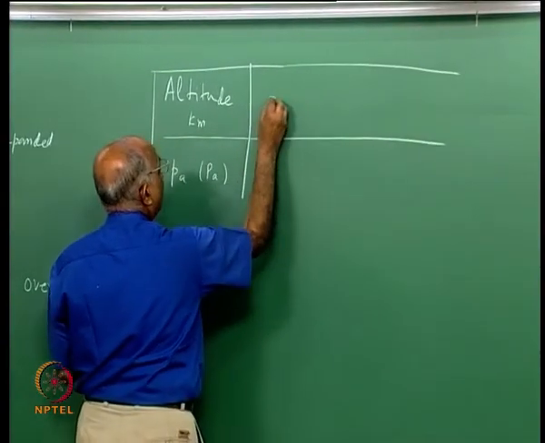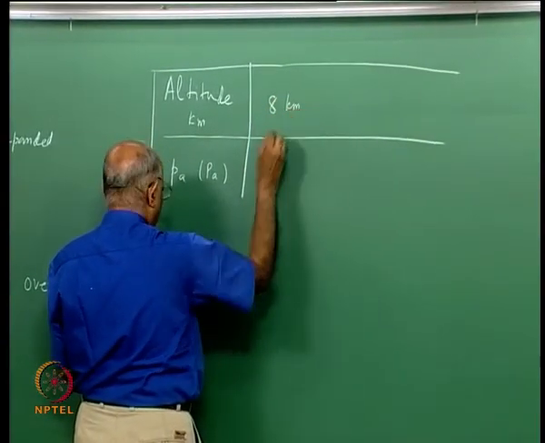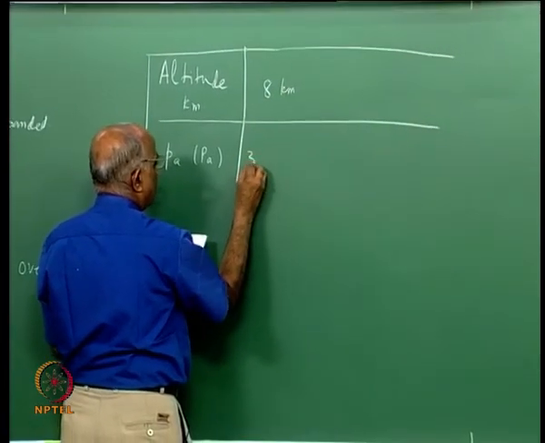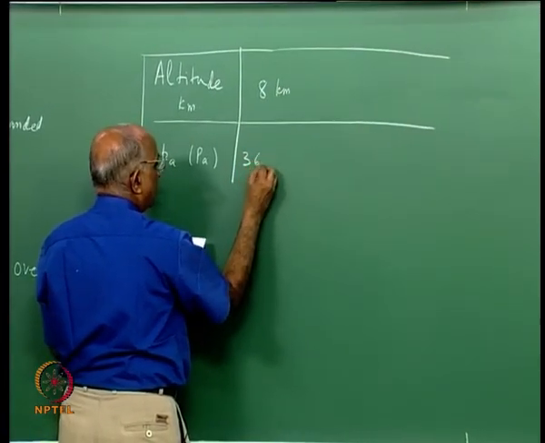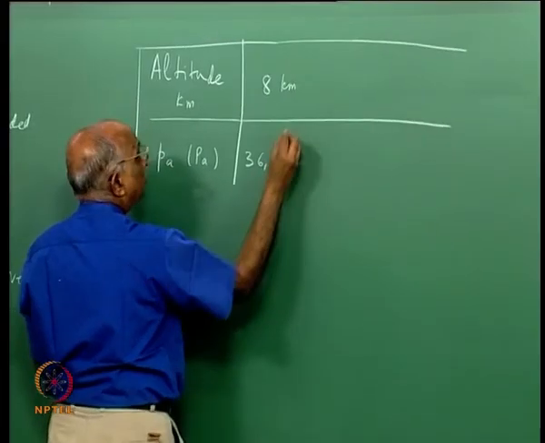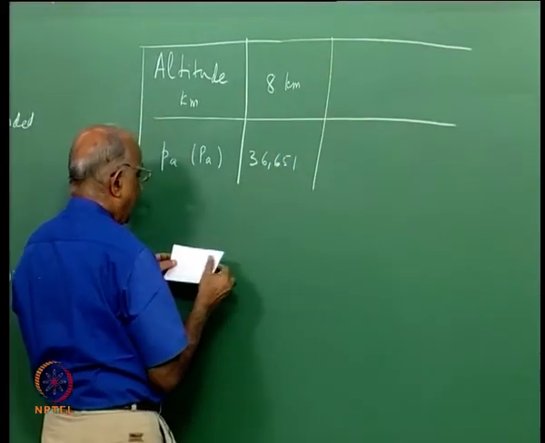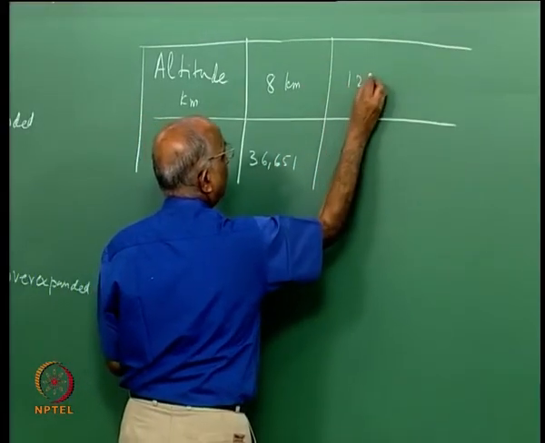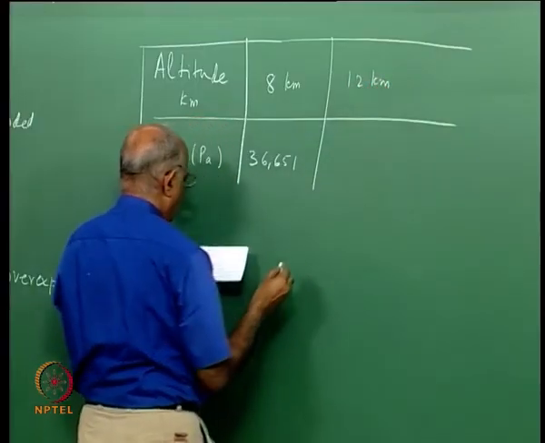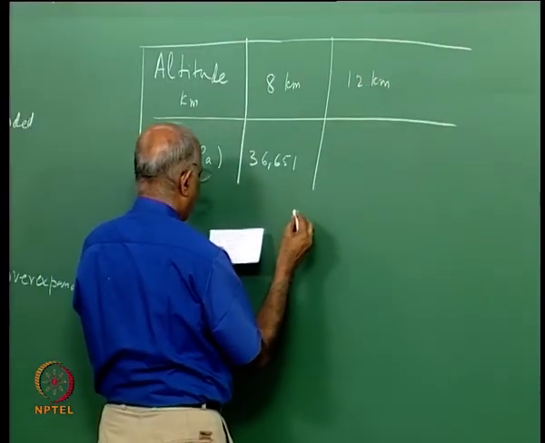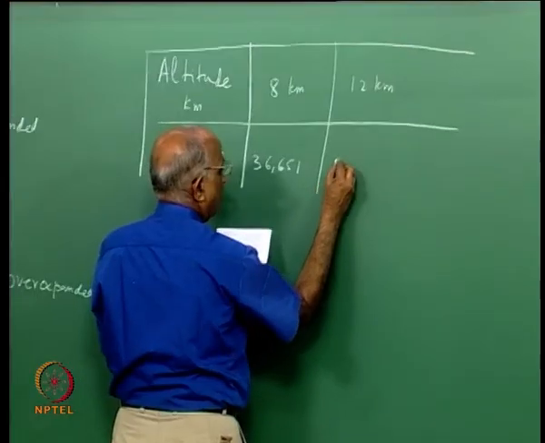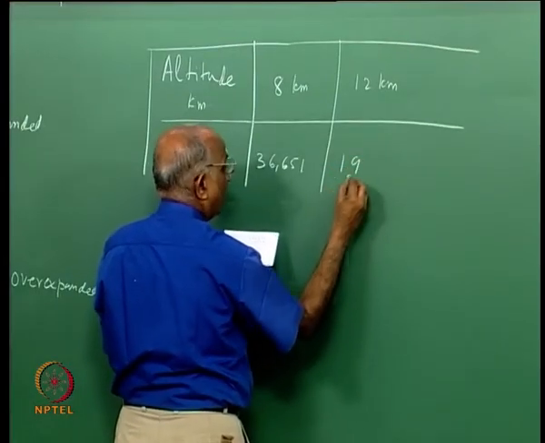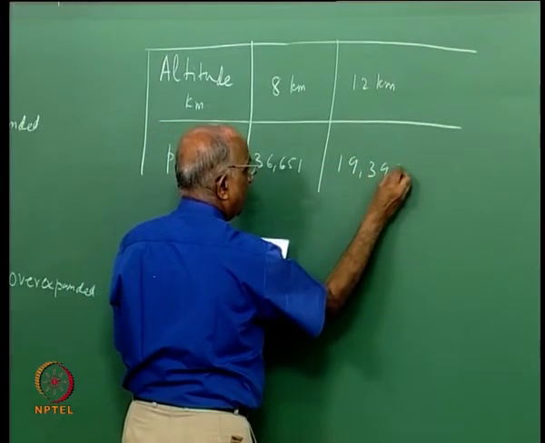At the altitude of 8 kilometers, the ambient pressure is 36,651 Pascal. At the altitude of 12 kilometers, the value of the ambient pressure is now 19,399 Pascal; it has reduced because the altitude has gone up.